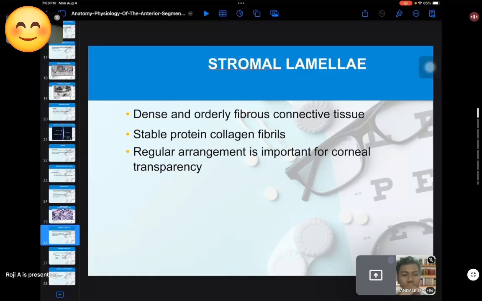Why is regular arrangement important, Randall? For transparency. Very good. That's why, because we want our cornea to be transparent. If it's not transparent, what's going to happen? Remember, I've been telling you to simplify things. It will be opaque, so therefore there will be an opacity.